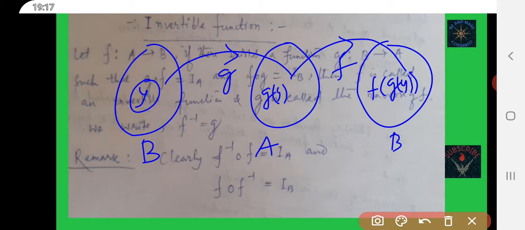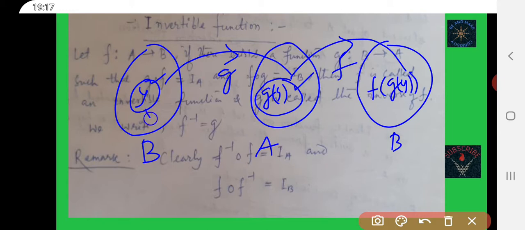We get the image of y in set A, which is g of y, a unique element, and we get the image of this element in set B, that is f of g of y.